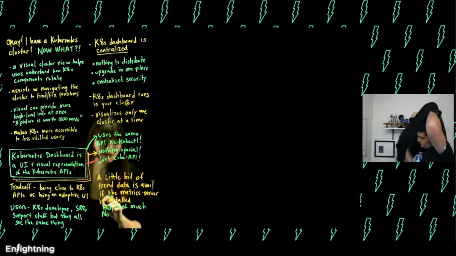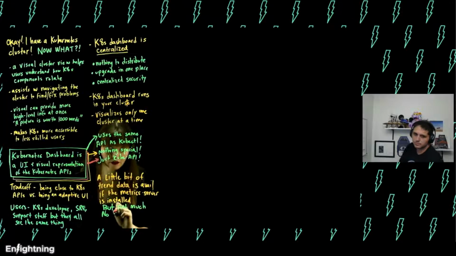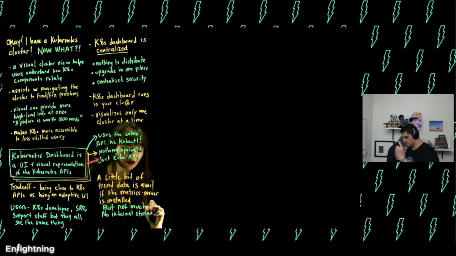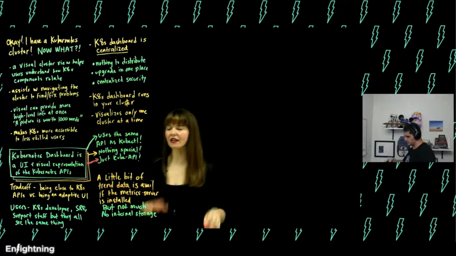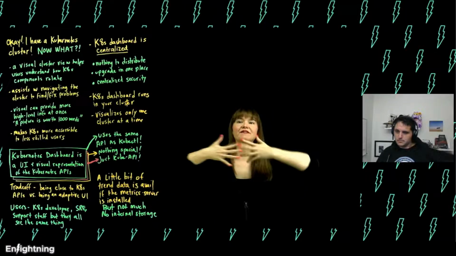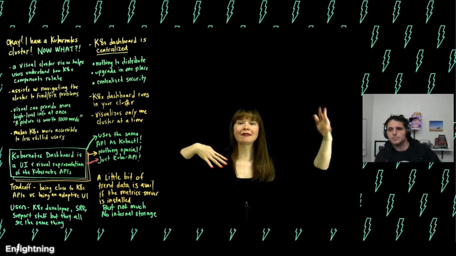The metrics server just stores it in memory. No internal storage. So, like you said, if something's breaking, we can use Kubernetes Dashboard to see how different components are interacting with each other right now. And maybe that will help debug.